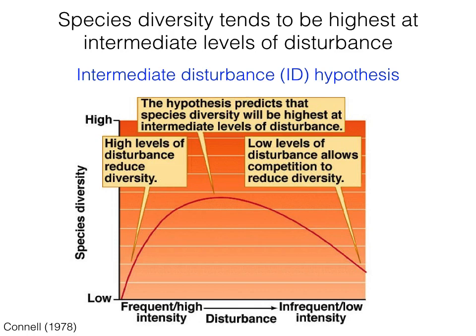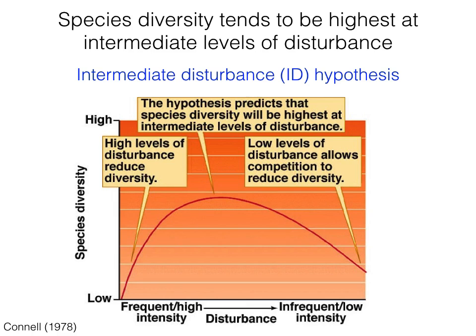Disturbances happen at different frequencies and intensities. And so the intermediate disturbance hypothesis is a hypothesis in which the highest species diversity is observed at intermediate intensities or intermediate frequencies of a type of disturbance.